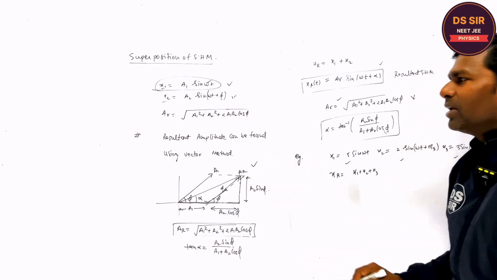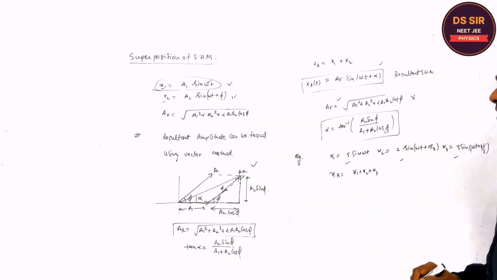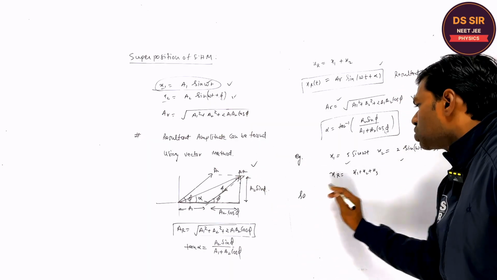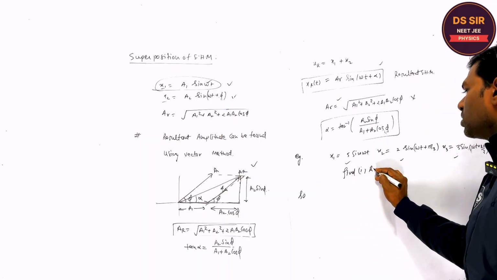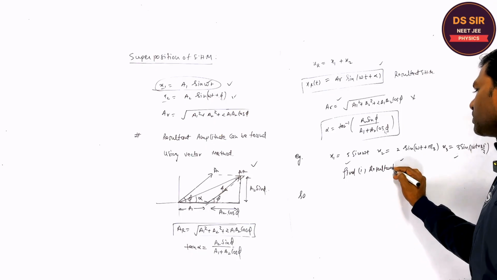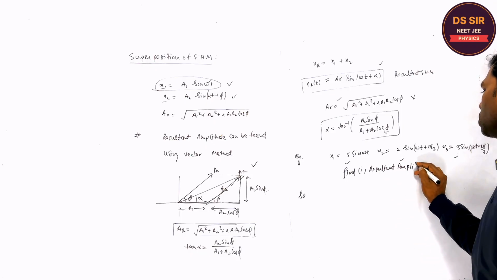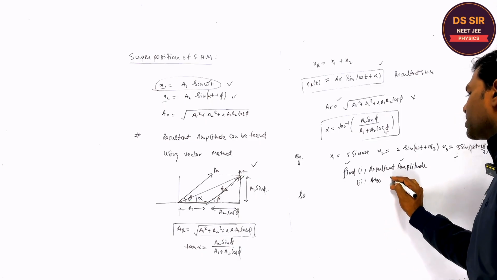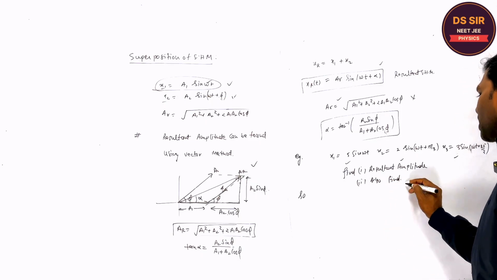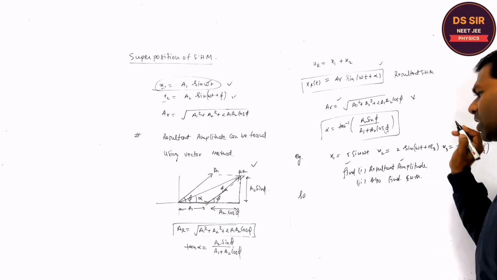We have to apply the vector method to find the resultant amplitude. So here, find the resultant amplitude and also find the resultant SHM. Is it clear or not?